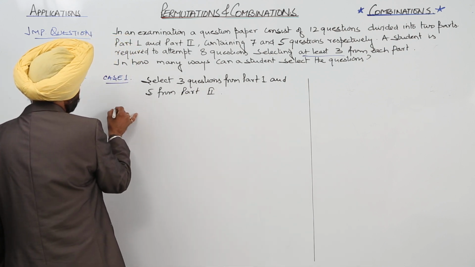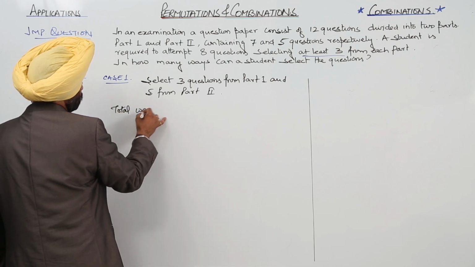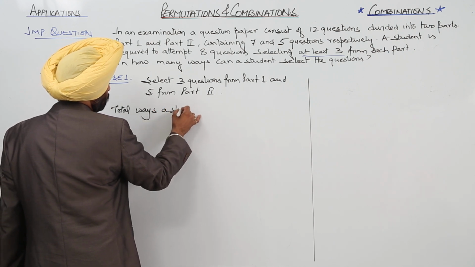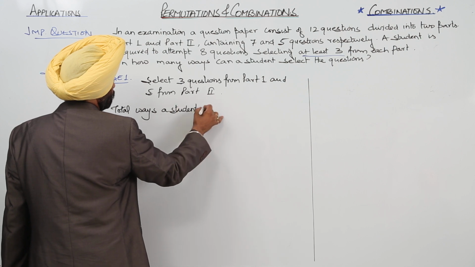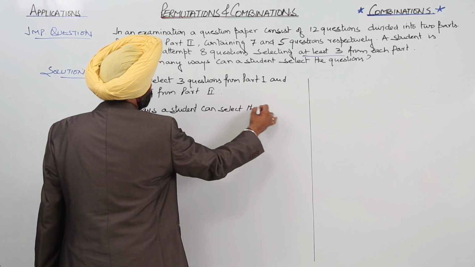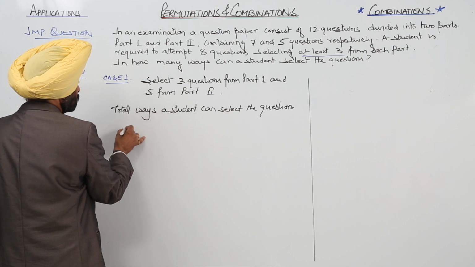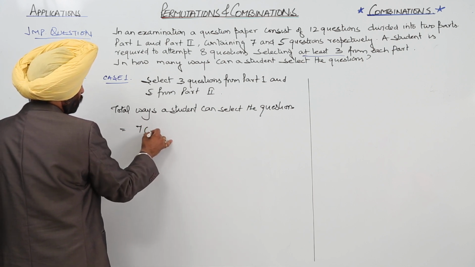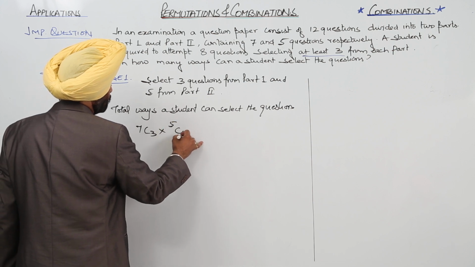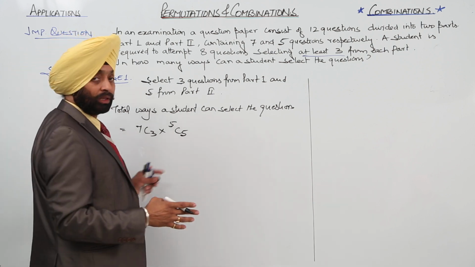So the total ways a student can select the questions is equal to, from 7 questions we have selected 3 and from 5 questions we have selected 5, okay. So in this, from the second part, all the 5 questions.